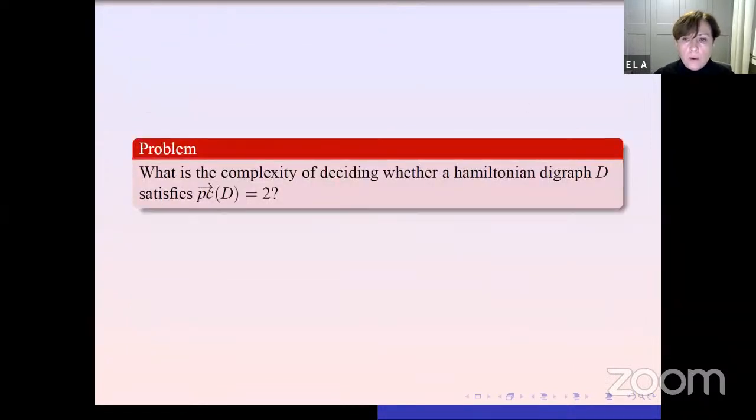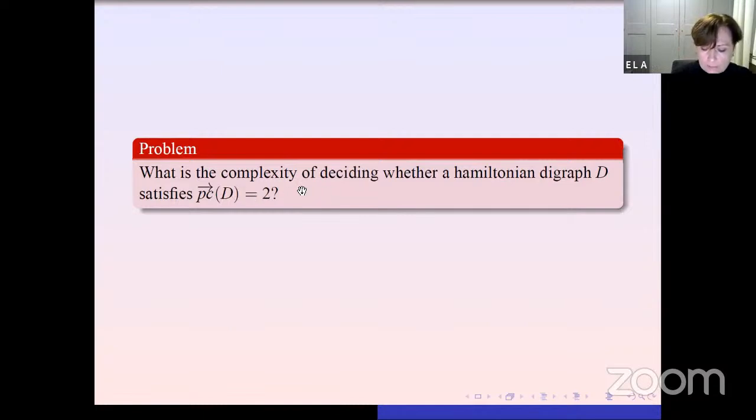So we generally focus on Hamiltonian digraphs and give a sufficient condition for a Hamiltonian digraph to have the proper connection number equal to 2. And we can ask the question: how difficult is the problem of deciding whether a Hamiltonian digraph has the proper connection number equal to 2?